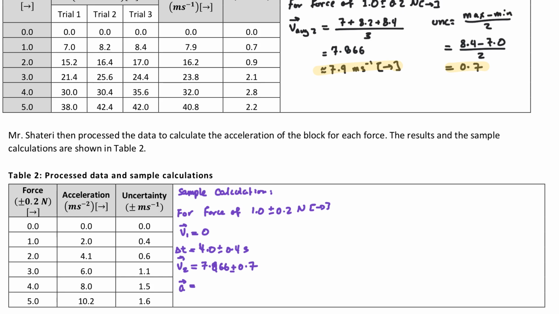So when I have this information, I have velocity 1, initial velocity, final velocity, the change in time. And what I don't have is the displacement, so I need to use the equation of motion that doesn't have displacement in it. That equation is V2 is equal to V1 plus A delta T. And I'm taking right to be positive here.